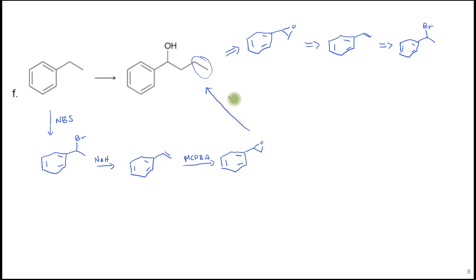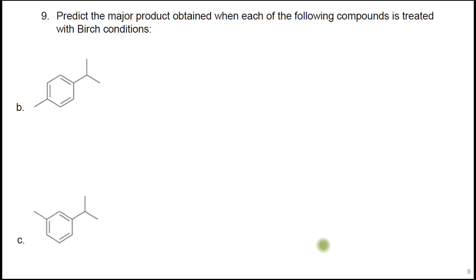Then I can use ethyl Grignard, followed by water to get to that epoxide. So it's going to do a ring opening at the less substituted position. And open that up to the alcohol. All right, in this reaction we're looking at products when it's under Birch conditions.